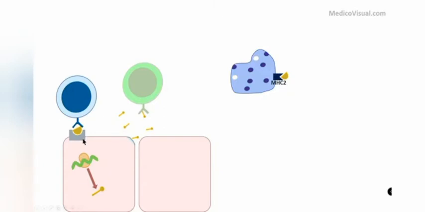MHC1 receptor, here is the MHC1 receptor, and they are expressed on all nucleated cells, while MHC2, they are expressed only on professional antigen presenting cells, for example dendritic cells and macrophages. MHC1 are involved in expressing endogenous proteins, while MHC2 are involved in expressing exogenous proteins.